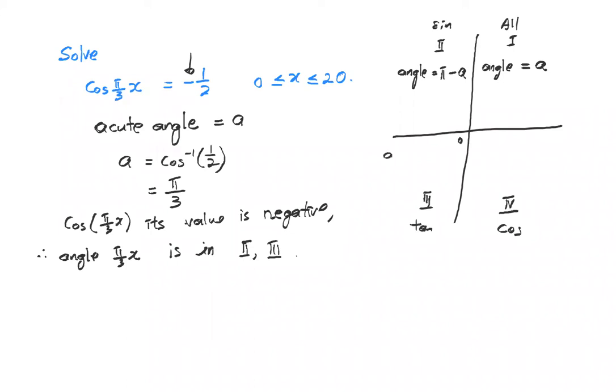If the angle is in the third quadrant, it will be pi plus the acute angle. If the angle is in the fourth quadrant, the value will be 2 pi minus the acute angle. This is the first round. If you go second round, 2 pi plus acute angle, 3 pi minus acute angle, 3 pi plus acute angle, 4 pi minus acute angle. Understand?